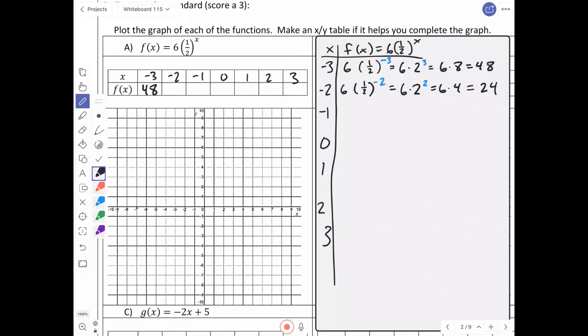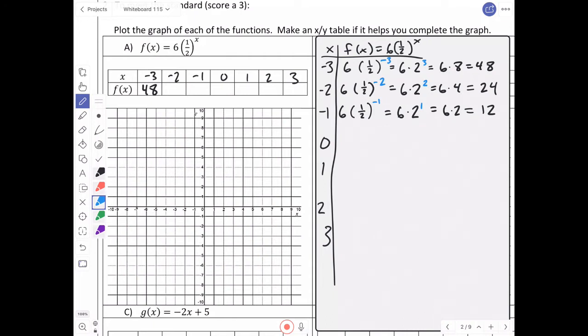Also not a great fit on my graph. 6 times 1/2 to the -1 equals 6 times 2 to the +1, equals 6 times 2, equals 12. Okay.